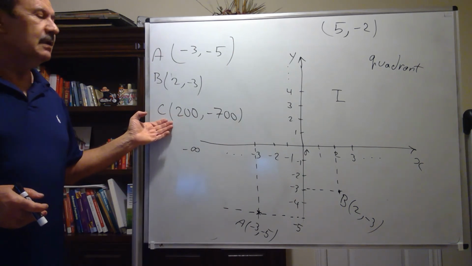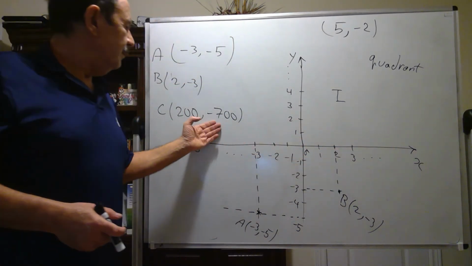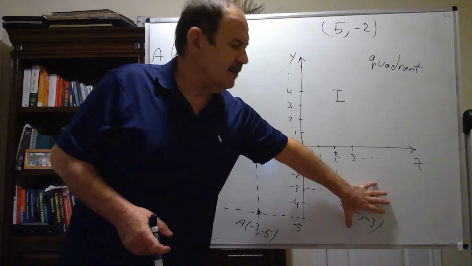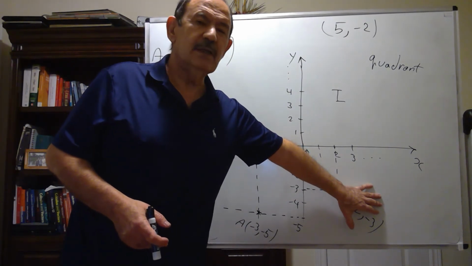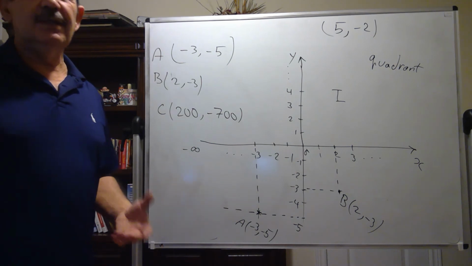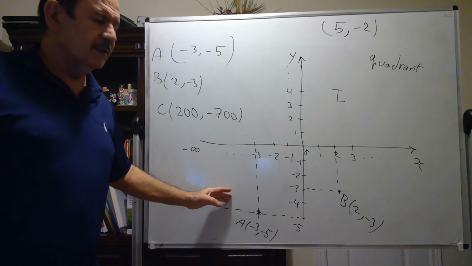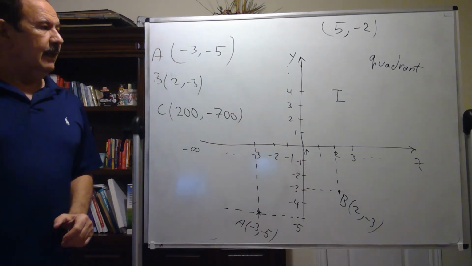X is positive in this area, y is negative in this area, so it's in quadrant 4. Remember, the numbering of the quadrants is counterclockwise: quadrant 1, quadrant 2, quadrant 3, quadrant 4.